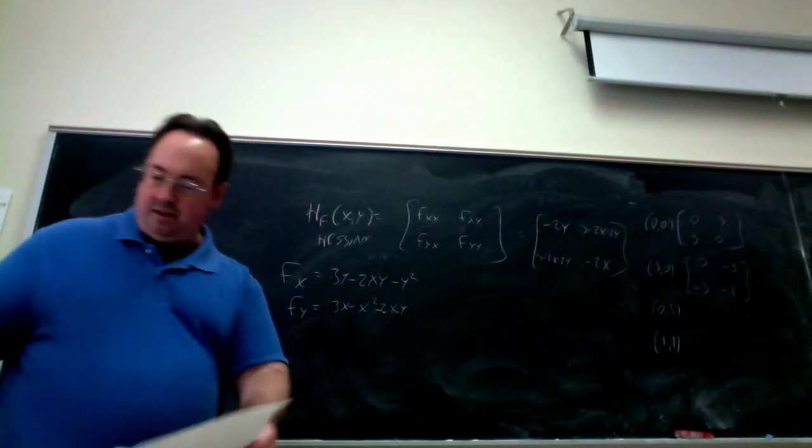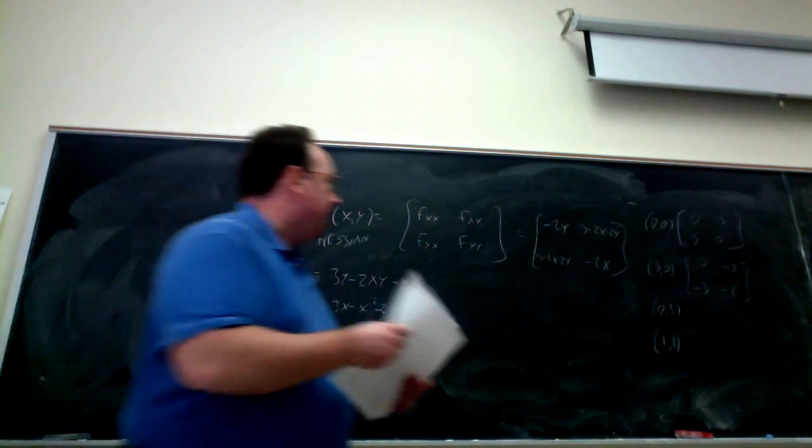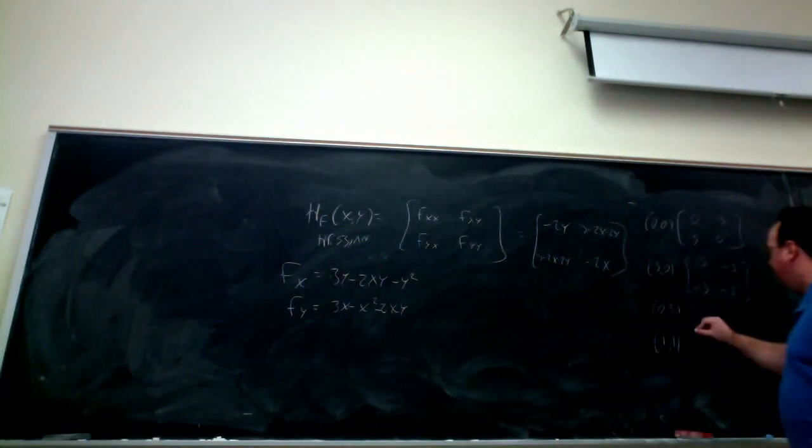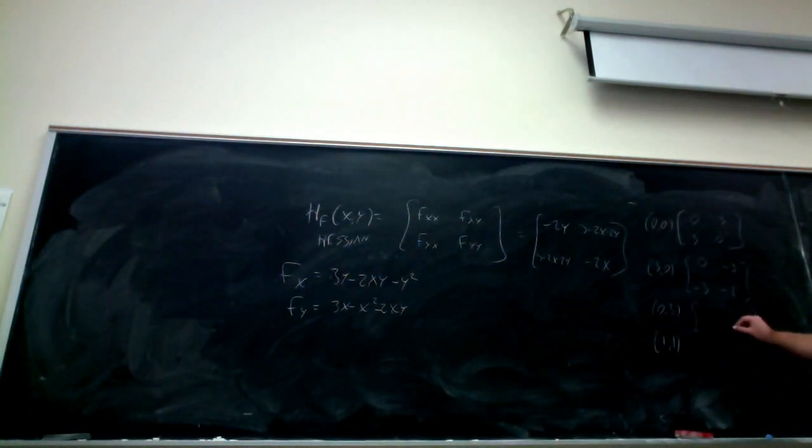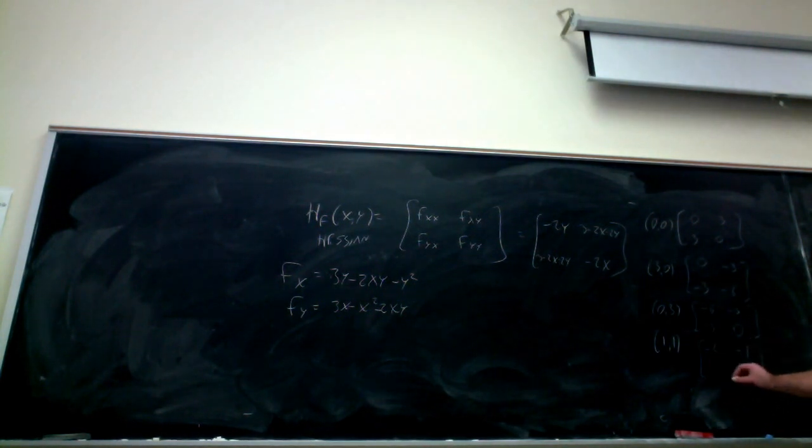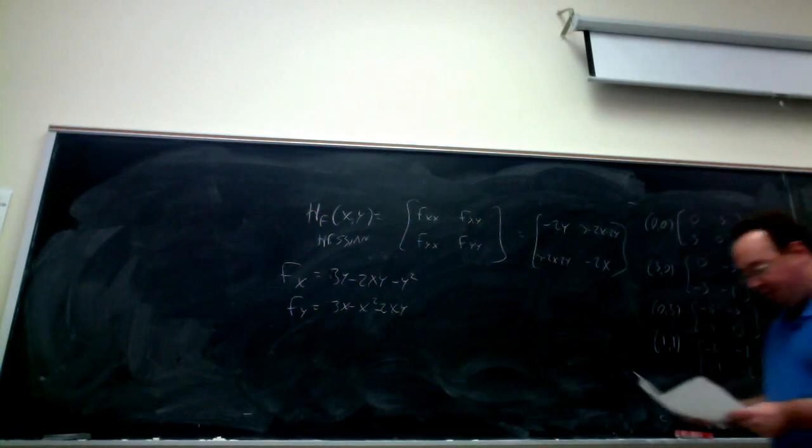And then for (0, 3), you get 0 down here, minus 6, and then x is 0, so you have minus 3, minus 3. And finally, when you plug in (1, 1), you get minus 2, and then minus 1 and minus 1.